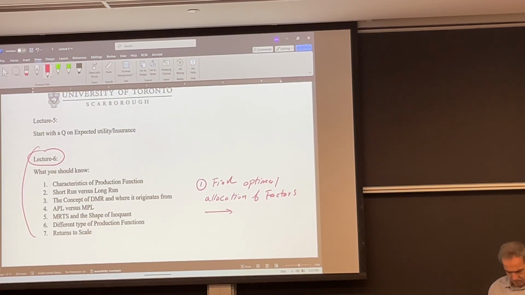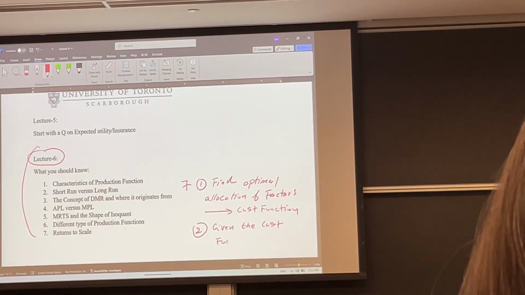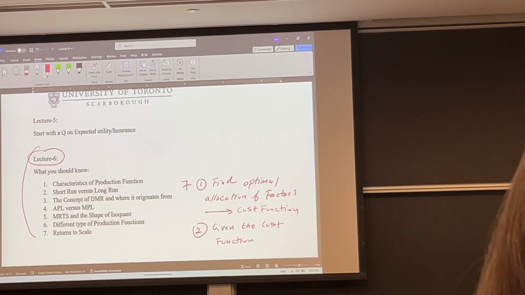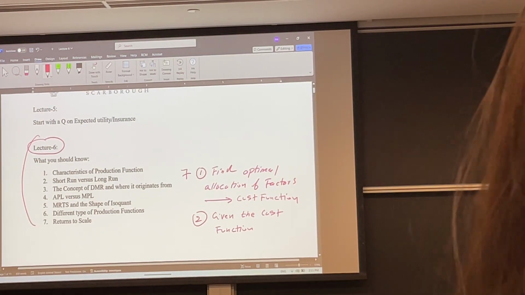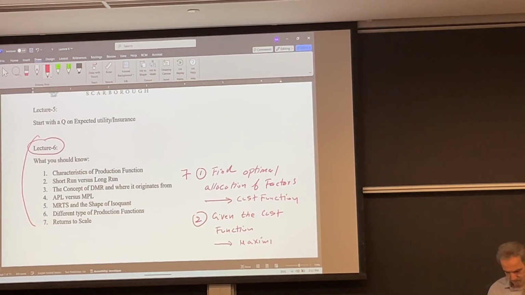I will give you the cost function. That is lecture number 7. Then, given the cost function, what do you do? Given the cost function, you maximize profit.